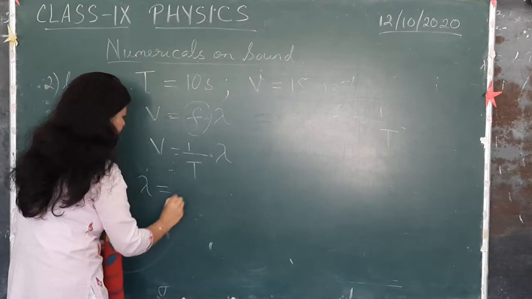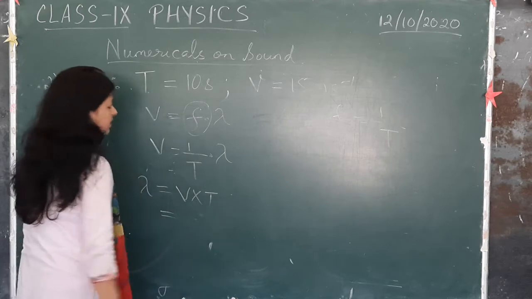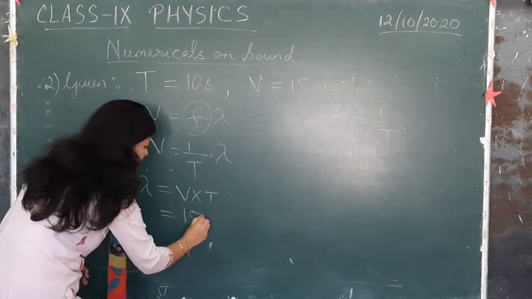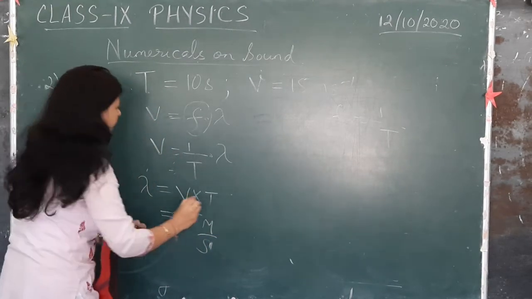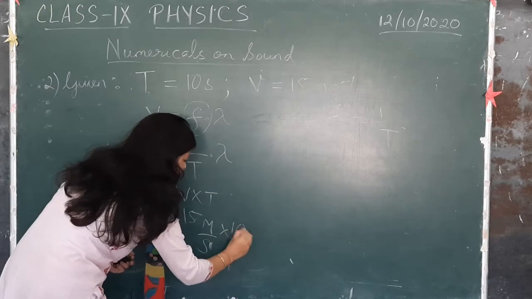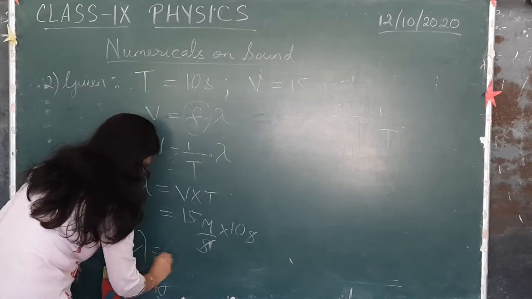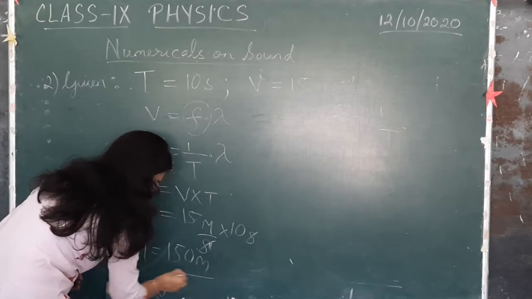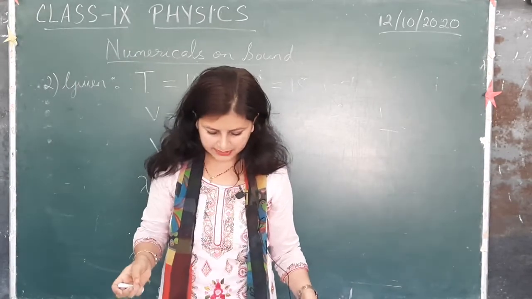So lambda, that is wavelength, is equal to velocity multiplied by time period. Now velocity is 15 meter per second, into time 10 second. I can cancel second. So wavelength is equal to 15 into 10, which is 150 meters. So the wavelength of the given ocean waves is 150 meter.